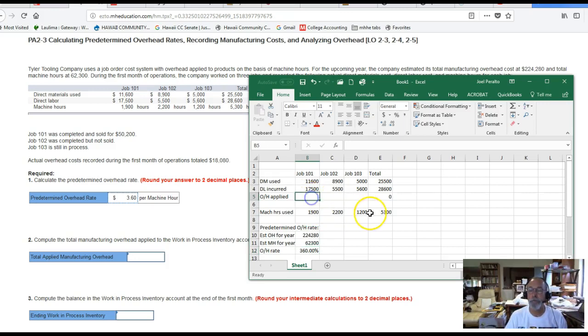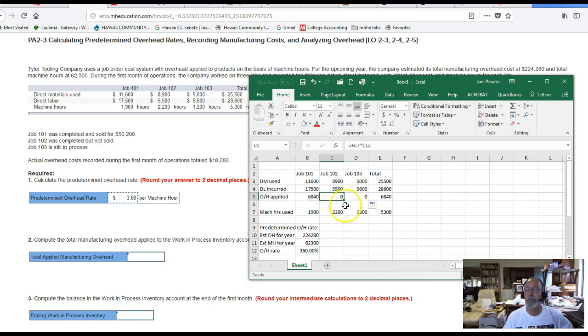And so the formula here would be to take total machine hours used actual and multiply it by our rate. And I think we should be able to, let's see, we need to make that a constant. And so we should be able to take that.